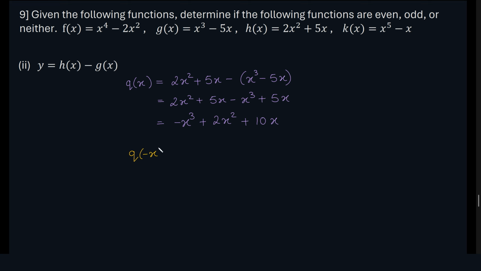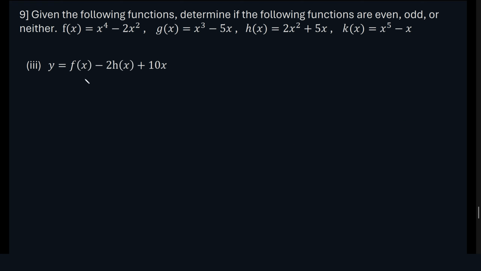Q of negative x will be minus negative x cubed plus 2 times negative x squared plus 10 times negative x. That's x cubed plus 2x squared minus 10x. If we compare it with q of x, only some signs are flipped. That means this function is neither even nor odd.